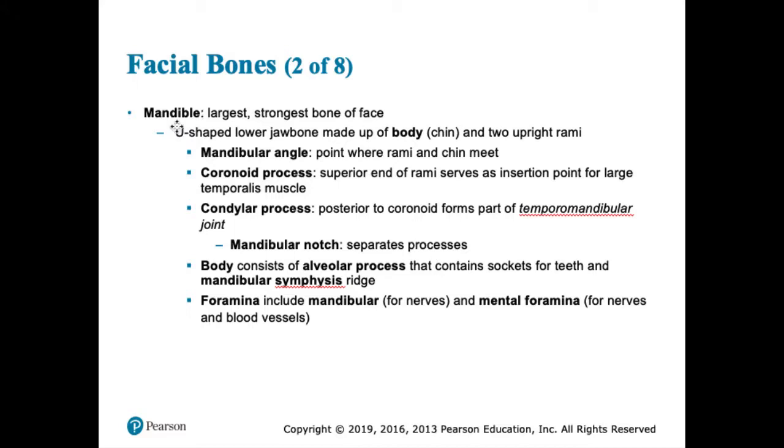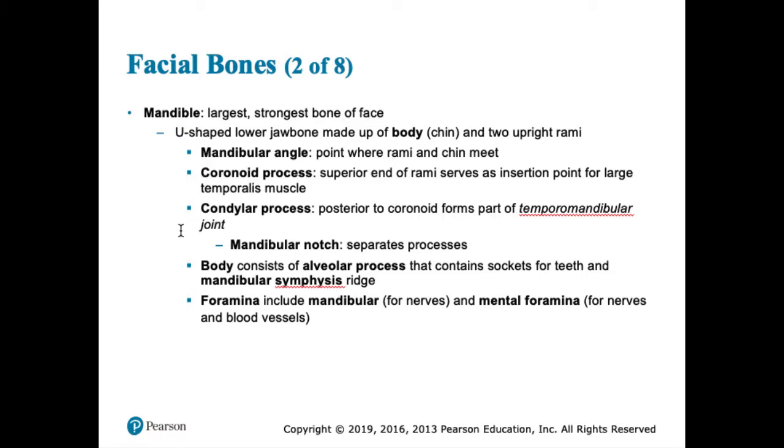It's this U-shaped lower jawbone made up of a body, which is the chin, and the 2 upright rami. The mandibular angle is the point where the rami and the body meet. And the coronoid process is the superior end of the rami, and it serves as an insertion point for the large temporalis muscle.